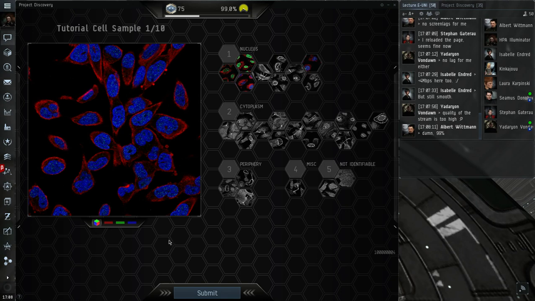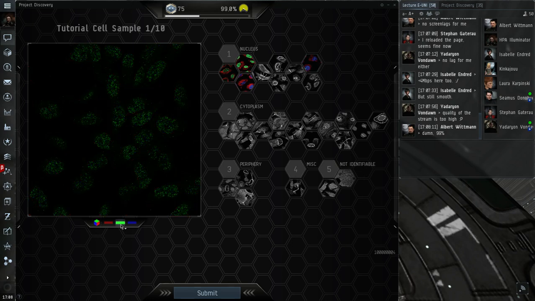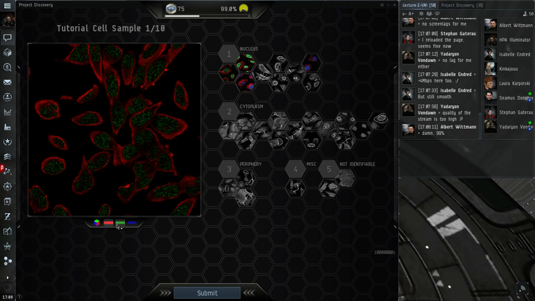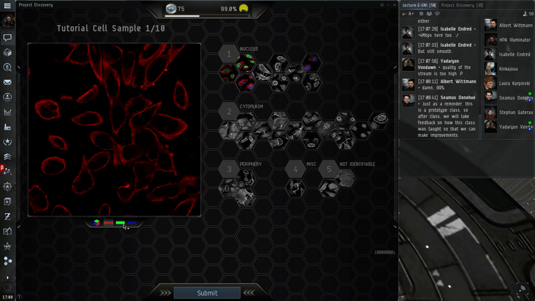So, the first sample in the tutorial, we toggle on the green channel to see what it looks like. It seems to be overlapping with the blue, but not with the red. What you can see in red is the staining for the microtubules, which is the cytoskeleton of the cell.